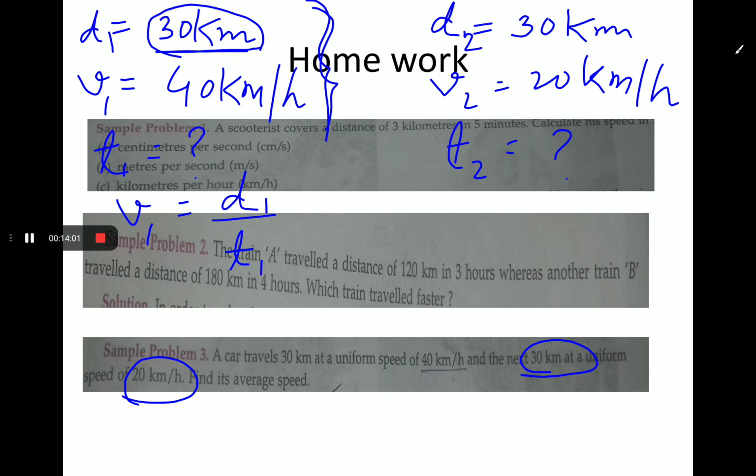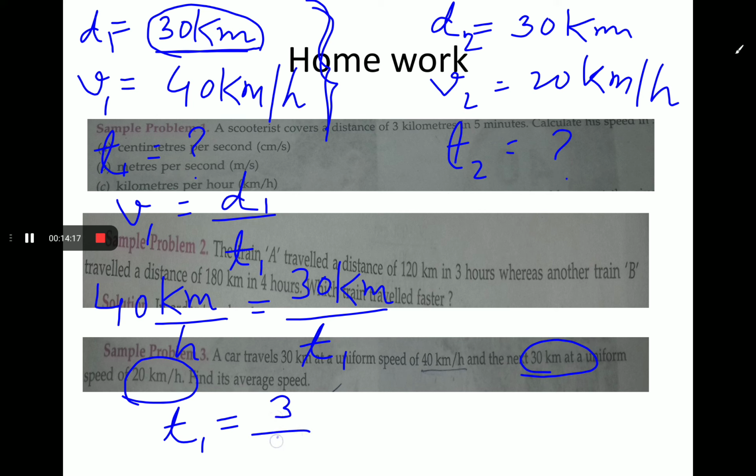Now V1 is given here as 40 km per hour, D1 is 30 km and the time we have to calculate. Solve it and we get T1 is equal to 3 by 4 hours. In the same manner, we calculate T2, which comes to 3 by 2 hours.